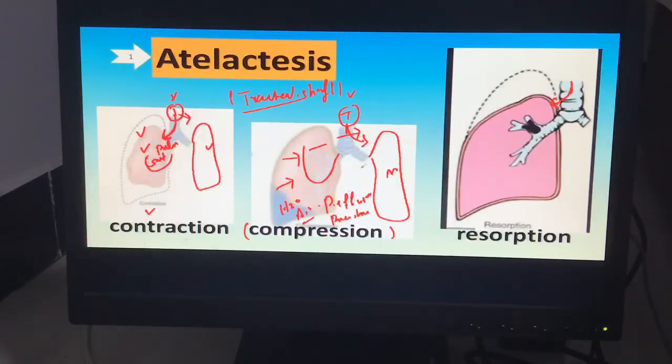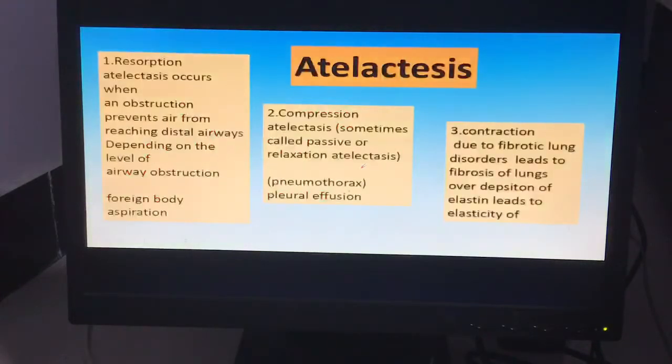This is all about the story of the collapse. We can see it in the next presentation here. Now everything is clear. Resorption collapse, already explained, is due to obstruction. The air is not moving. What happens? Alveolar air pressure decreases. Now elasticity becomes dominant and leads to collapse. So this is obstruction here: foreign body, sometimes aspiration. In adults, I already explained, lung cancer. Which cancer? Squamous cell cancer.